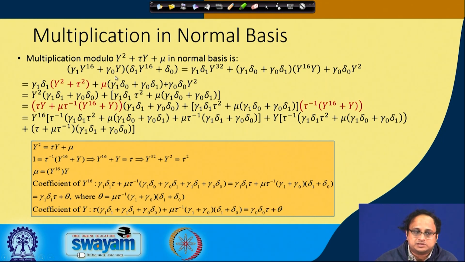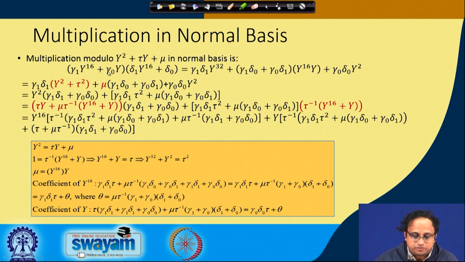In the polynomial basis, my basis was x comma 1, so I expressed it using the indeterminate x and 1. Here I express it using y power of 16 and y, and the two components are again gamma 1 and gamma 0, where gamma 1 and gamma 0 both belong to GF(2^4).